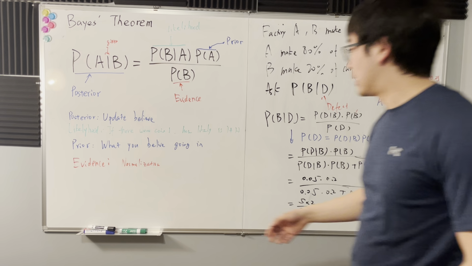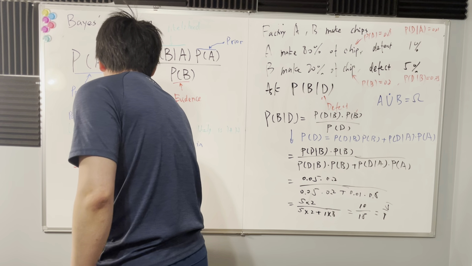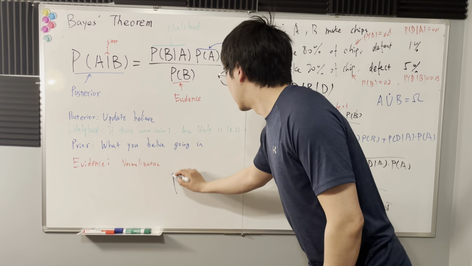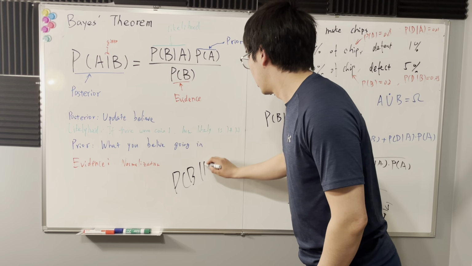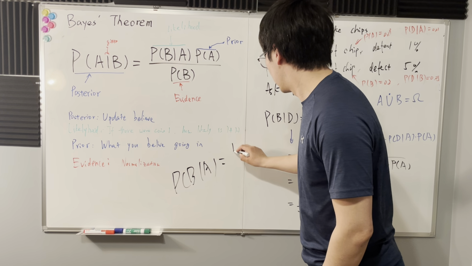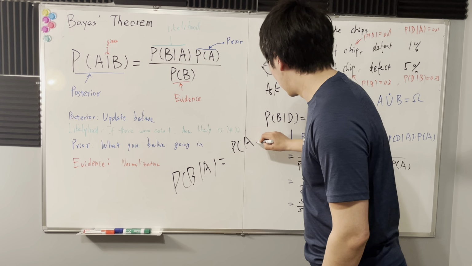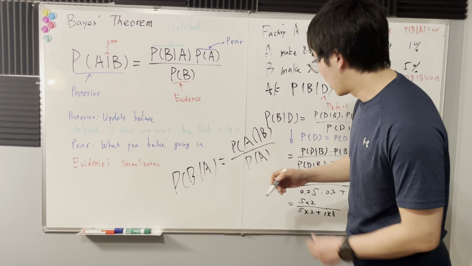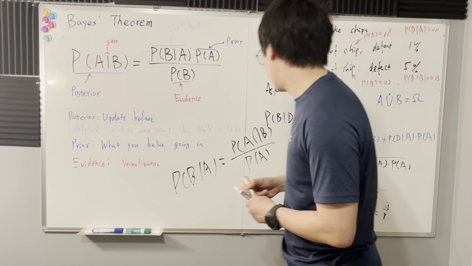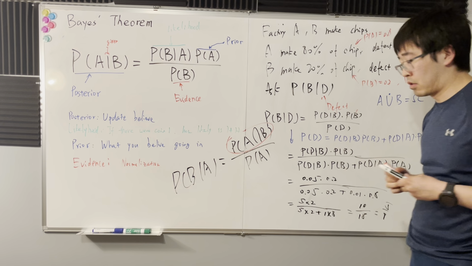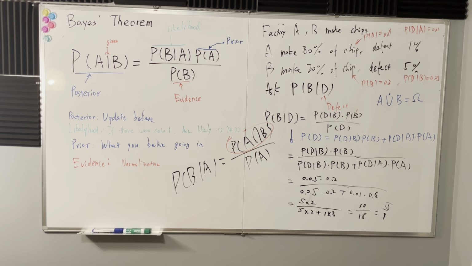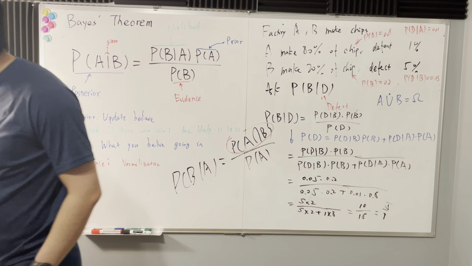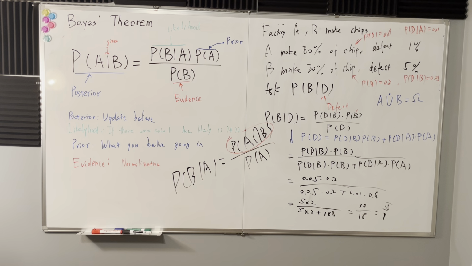Because at the end of the day, the most important picture you want to see is this. If you look at it from the Venn diagram standpoint on the probability space, it's much more intuitive.